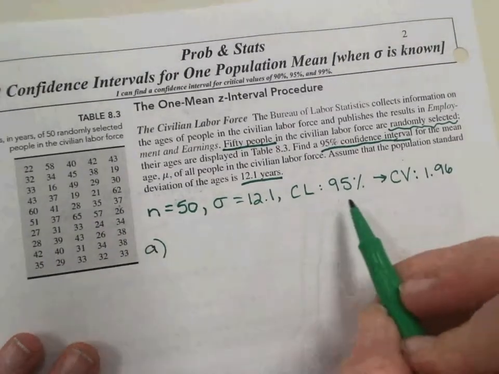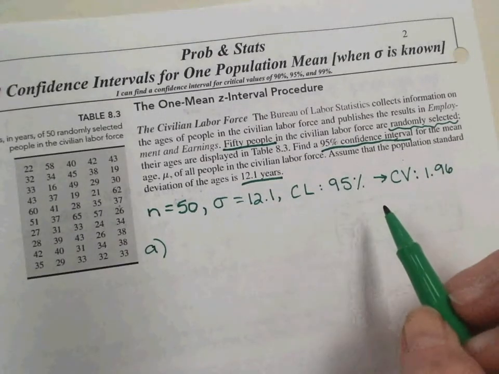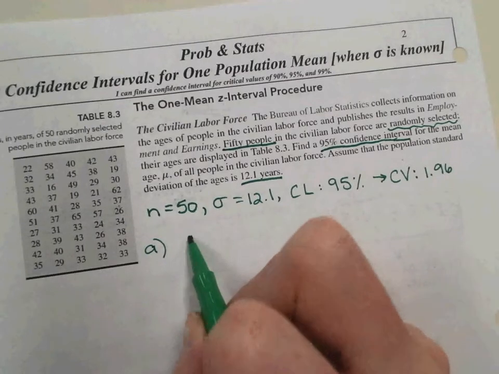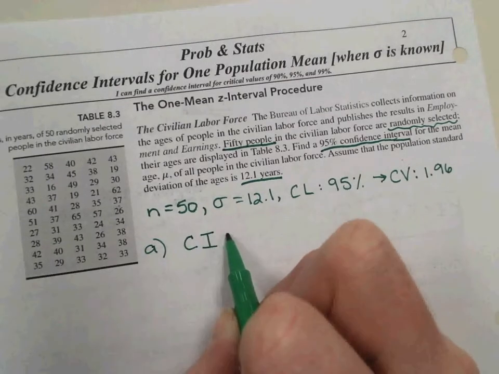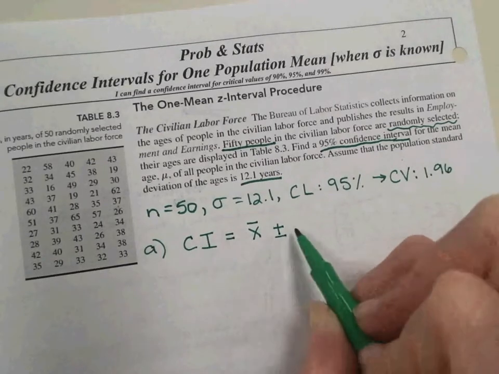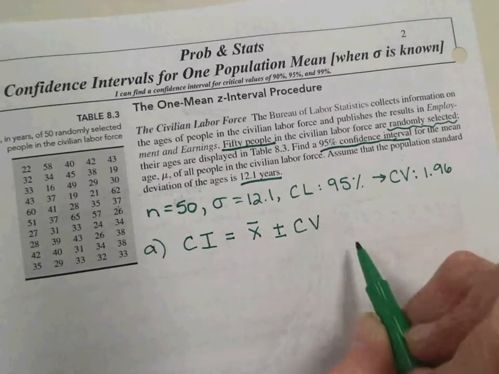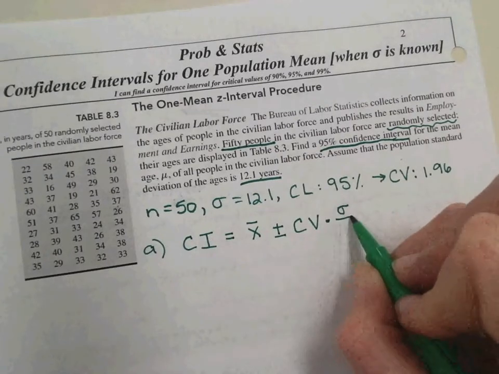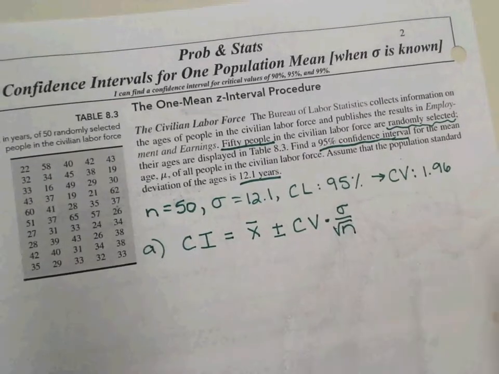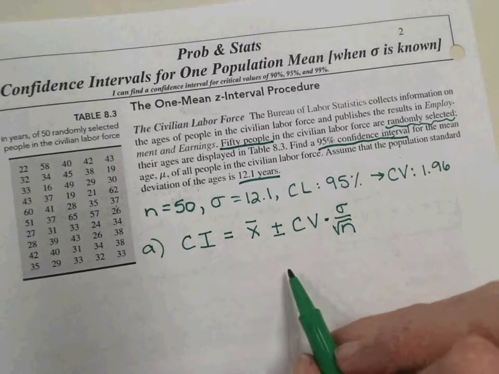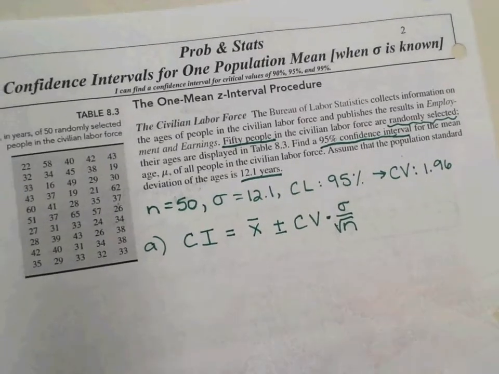So we're going to do 2 parts to this. We're going to do the 95% confidence level, and then we're going to do it again for a different confidence level. So let's first write out our formula. Confidence interval will equal x bar plus or minus the critical value times sigma over radical n. And then we plug in our values.